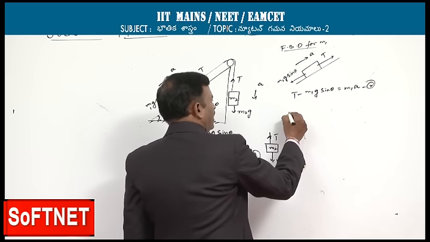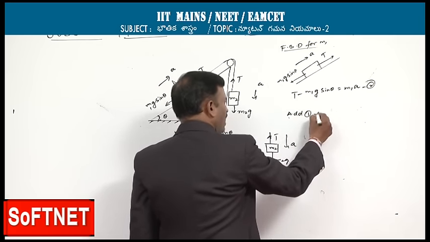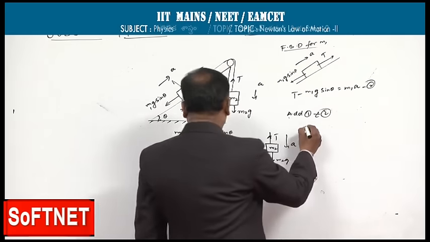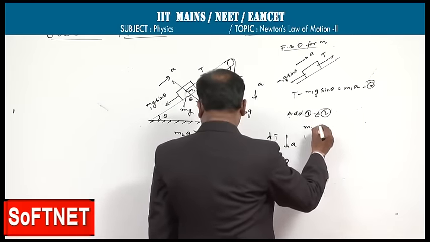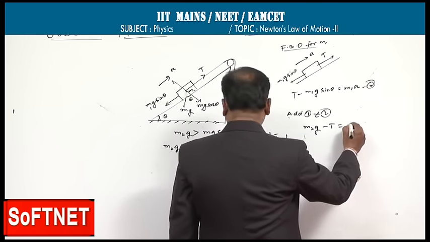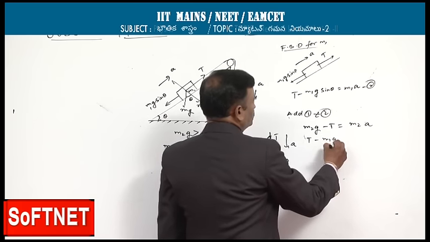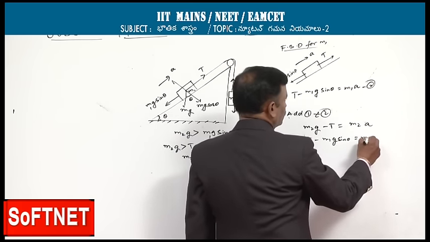By solving equations 1 and 2, we can get the acceleration value. Adding equation 1 and 2, what happens? Equation 1 is m2g minus T is equal to m2a, and T minus m1g sin theta is equal to m1a.